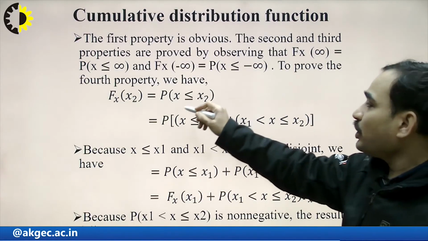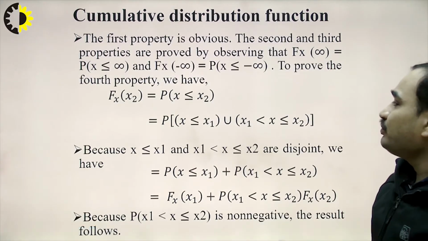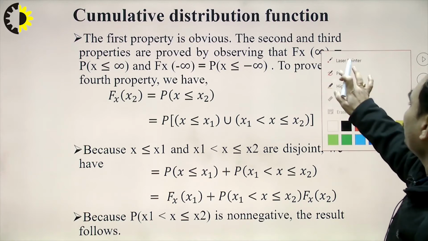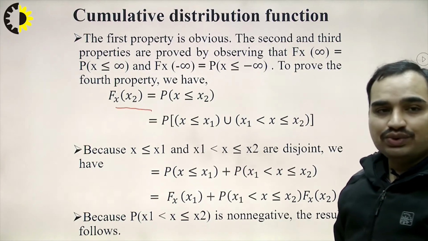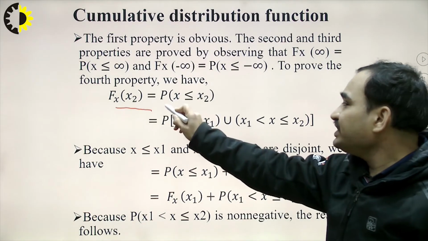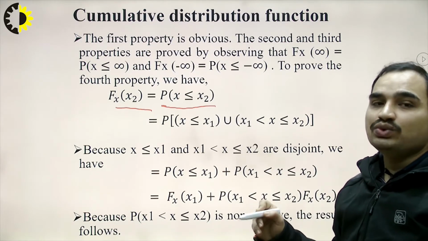We have the fourth property of the cumulative distribution function. For x2, the cumulative distribution function at the random variable x2 is equal to the probability that X is less than or equal to x2.